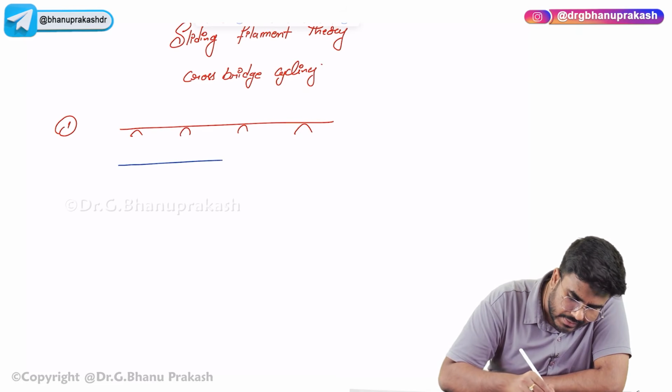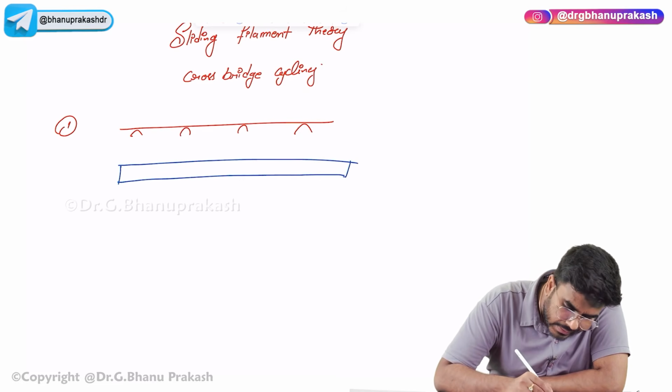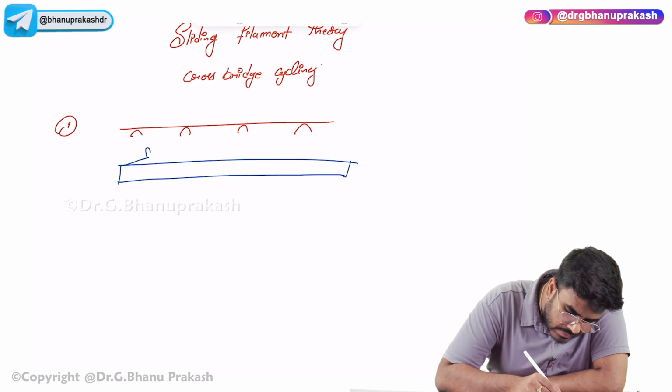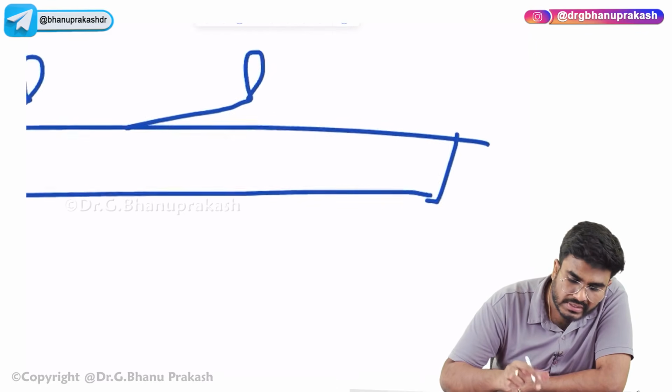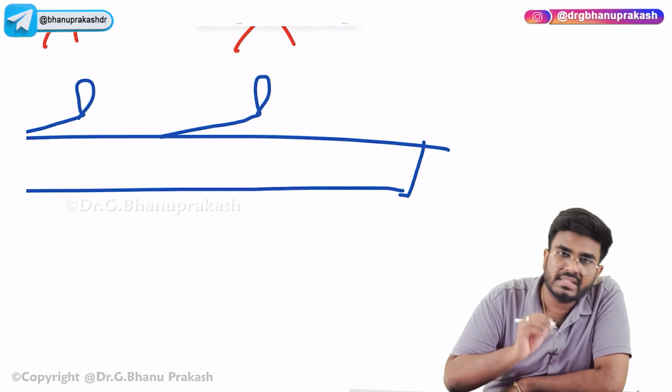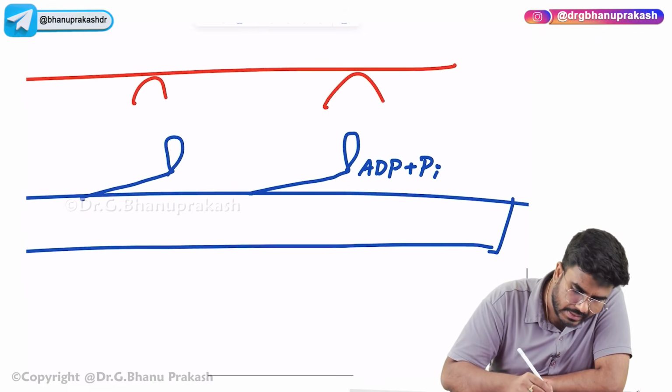Now what is this filament? This filament is myosin. On the myosin, these myosin heads are there. Now who is attached to the myosin heads? At this point in time, there is ADP plus inorganic phosphate attached.